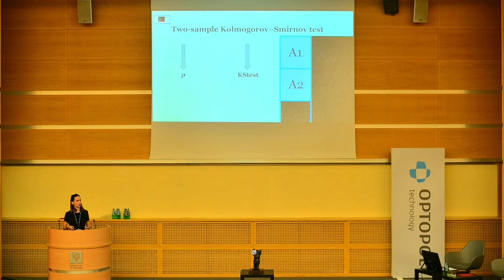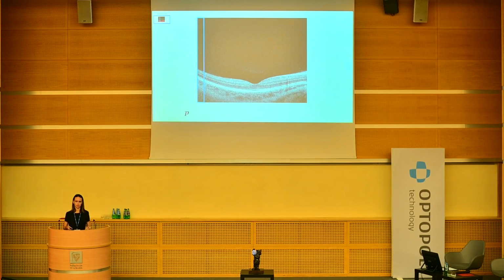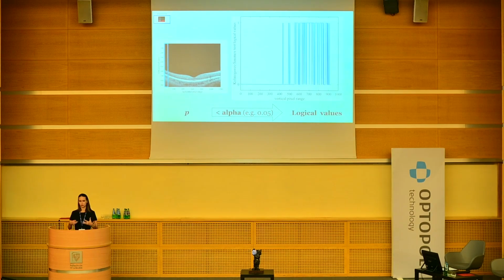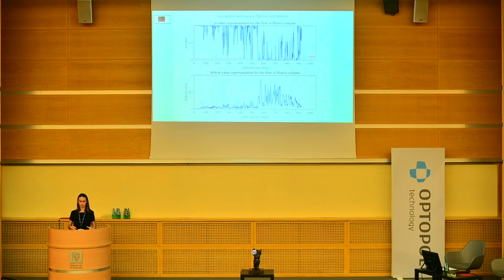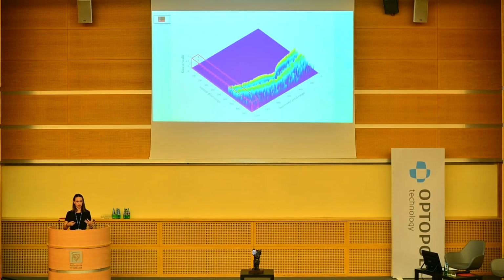For all collected p-values, the alpha level of significance is set to search for the logical values below that given limit. All the information about the Kolmogorov-Smirnov test analysis, together with the information about the locations of points in the whole columns in the B-scan, enables showing the points of statistical significance of the segmentation.